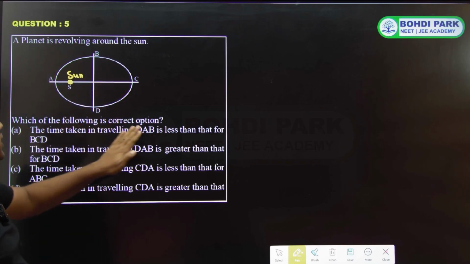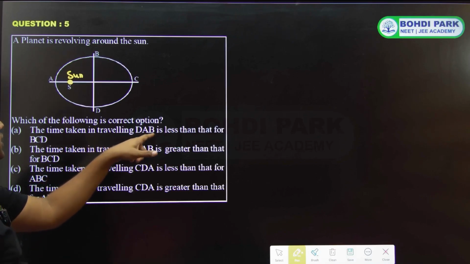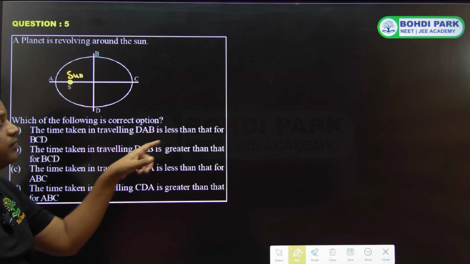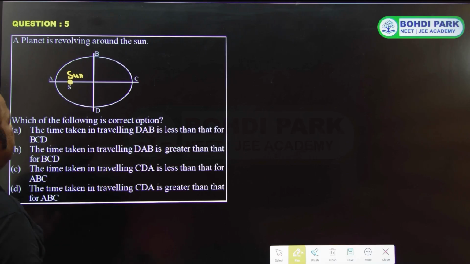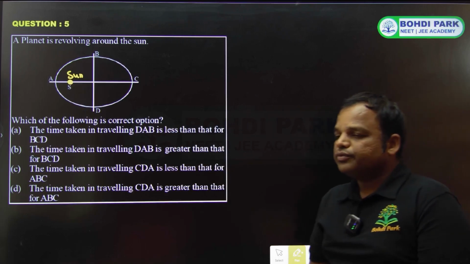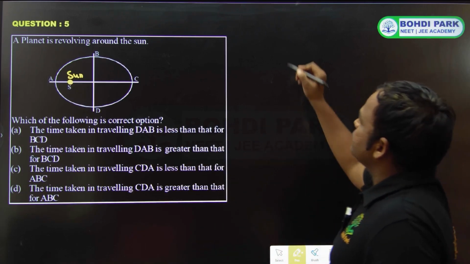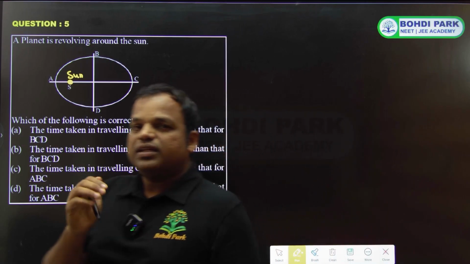Which of the following is the correct option? The time taken in traveling DAB is less than that for BCD. So basically we have to relate time taken. So we know that the time depends on area. So that is Kepler's law.